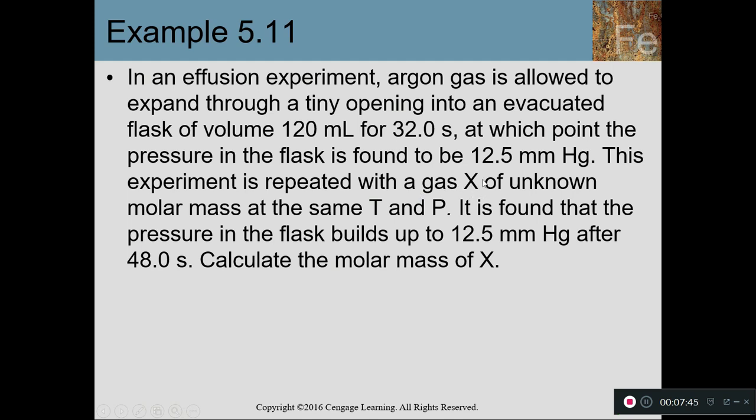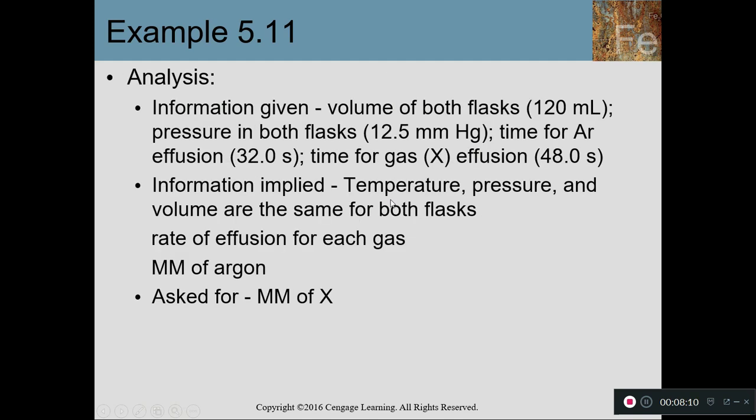Therefore, hopefully you realize that the new gas's molar mass should be greater than argon's molar mass. Does that make sense? It took longer to get to the same pressure at the same temperature, which means the molecules were moving slower, which means they were larger. So how would we mathematically figure this out?